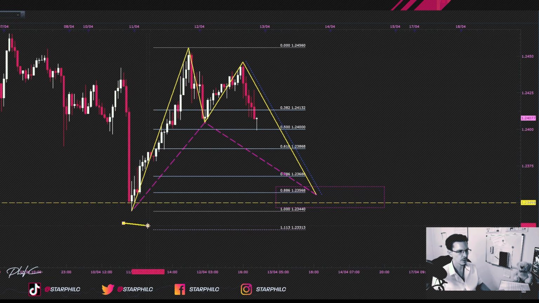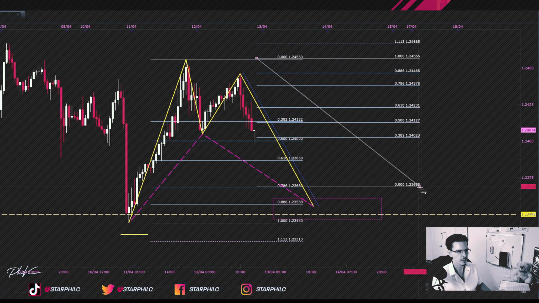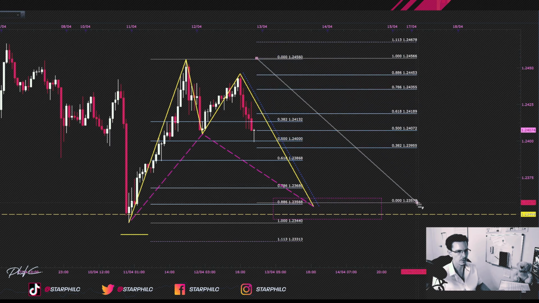Okay, stops are below your X point looking left, and targets are a Fibonacci retracement from this swing high all the way down to this swing low, assuming price action turns at the 886. What we're looking for is 382 for target ones, and then 618 for target twos.